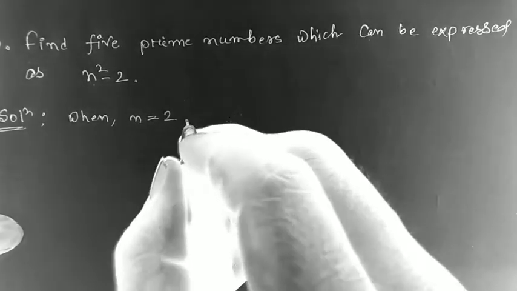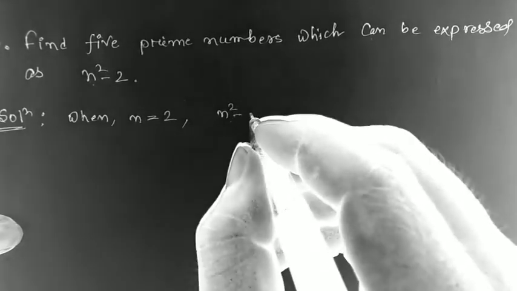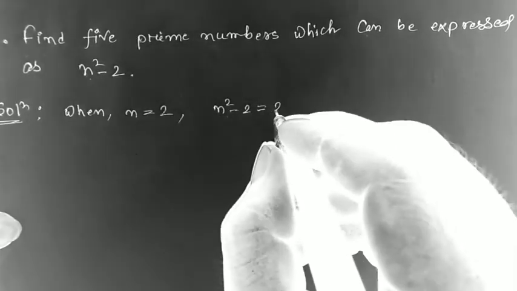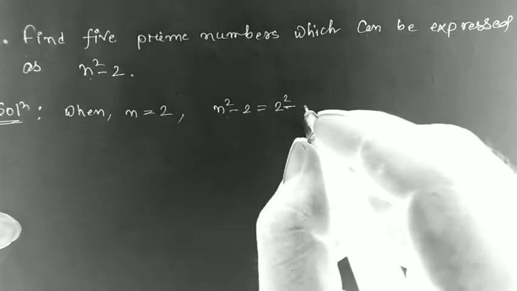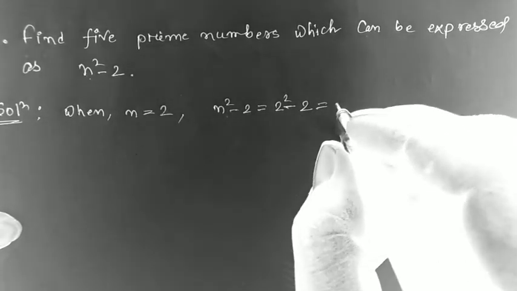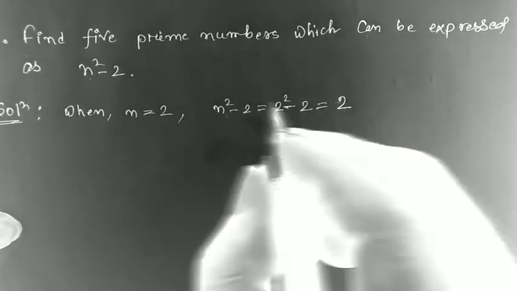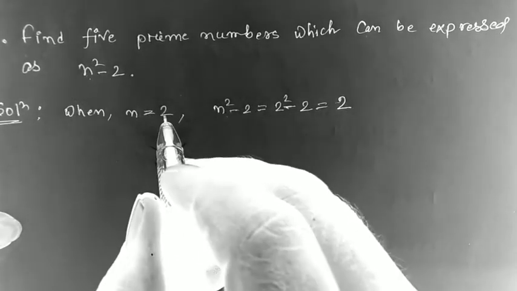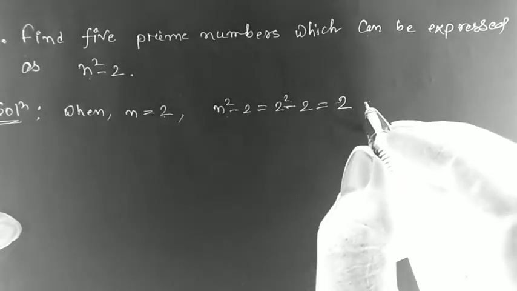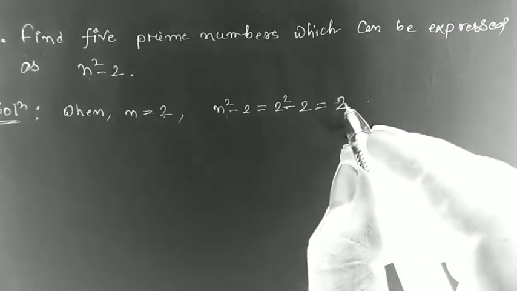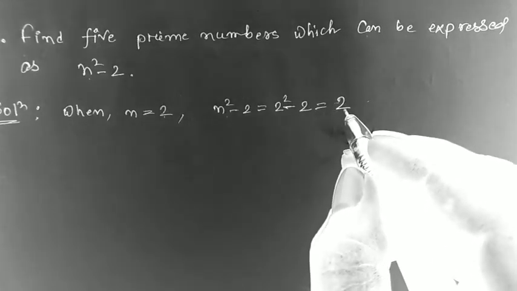When n is equal to 2, n square minus 2 will be 2 square minus 2. That means the answer is 2. So this 2 is a prime number, and it can be expressed in the form of n square minus 2, which we get as 2 only.